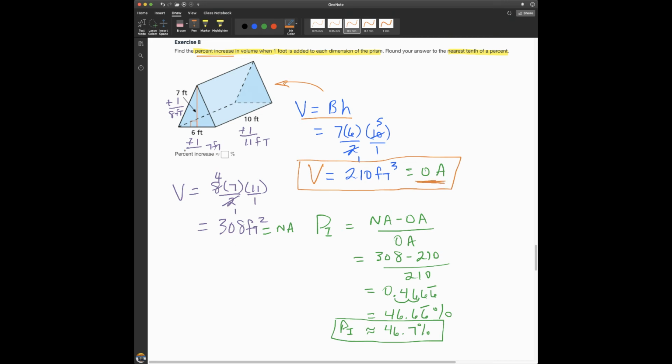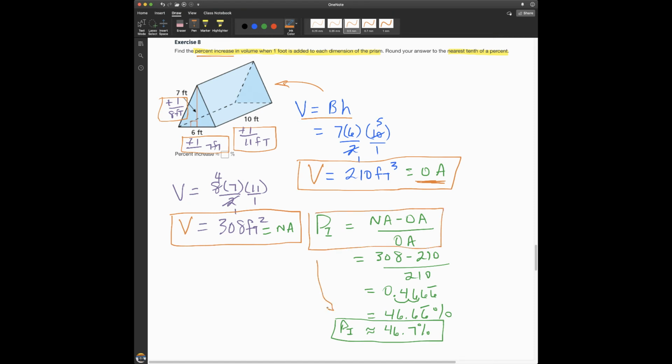And then down here, I go ahead and add 1 foot to each dimension. And then I calculate the volume again. And this is going to be my new amount, 308 cubic feet. And then I use my formula from chapter 6 to find the percent of increase.